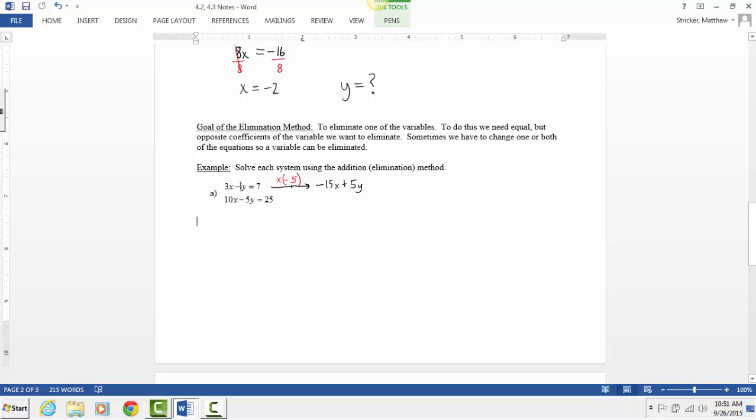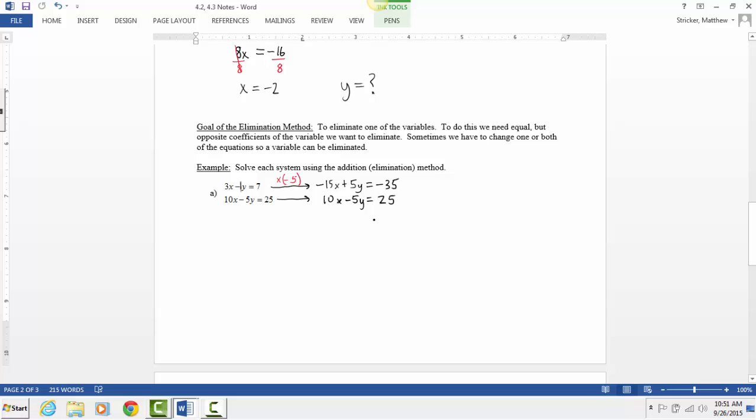And 7 times -5, that's equal to -35. Let's not touch the second equation, so we'll just rewrite it. That's 10x minus 5y equals 25.